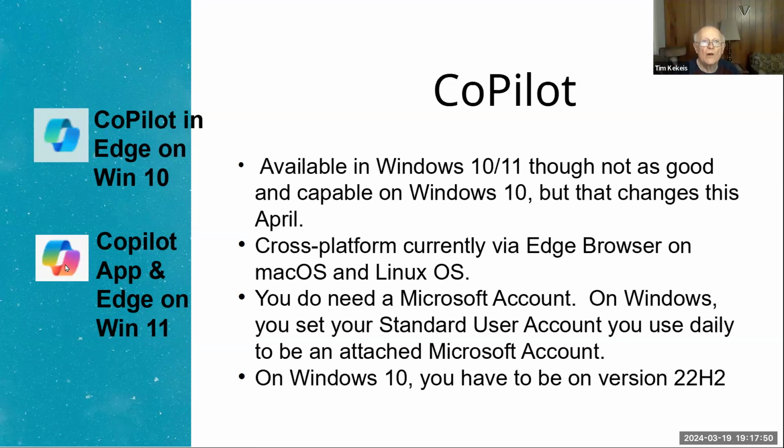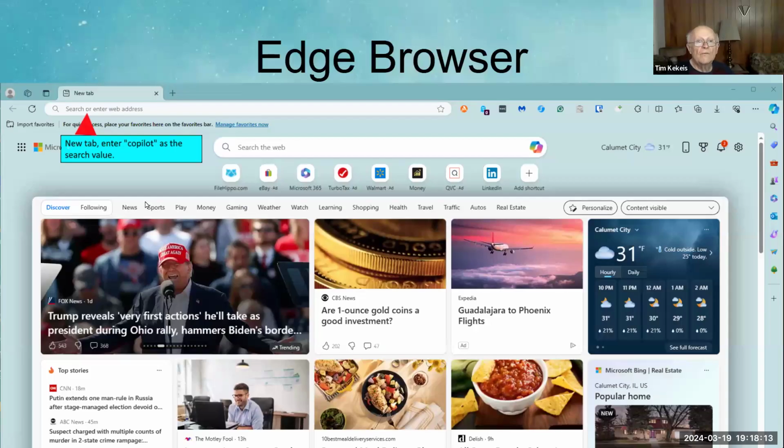And on my system, on the taskbar, you would see this because I loaded CoPilot kind of like it is in 11, even though it doesn't have all the capability until probably April the 9th and an update. So I'm going to go on from here.